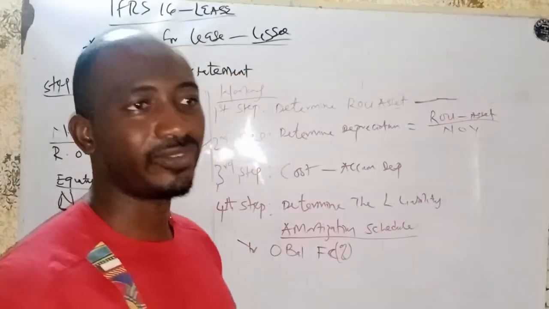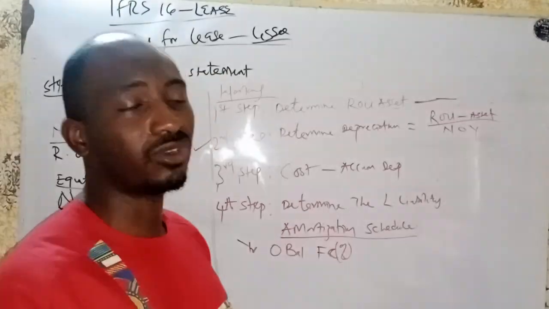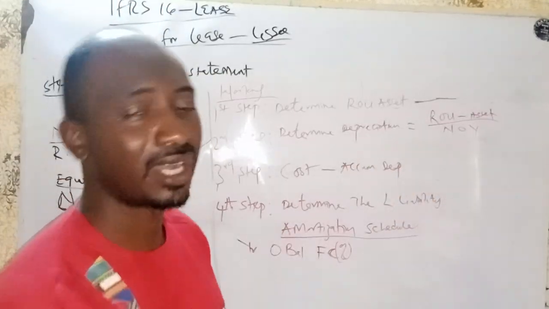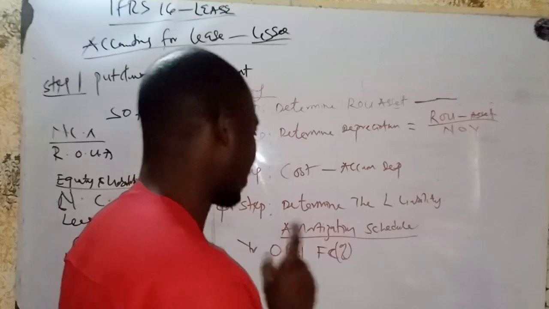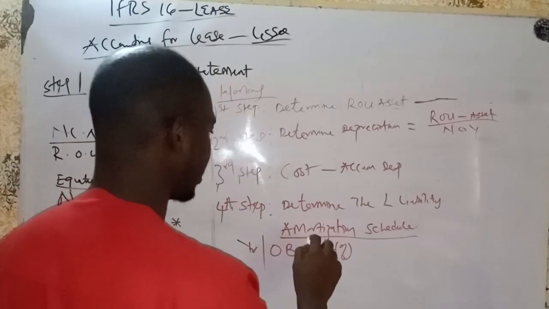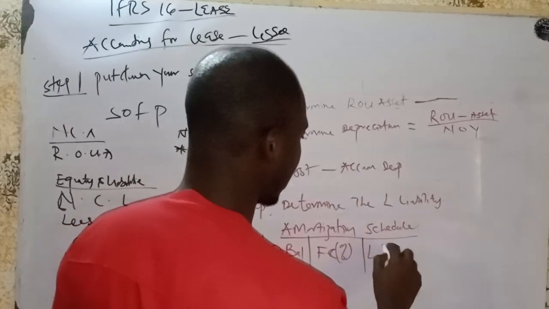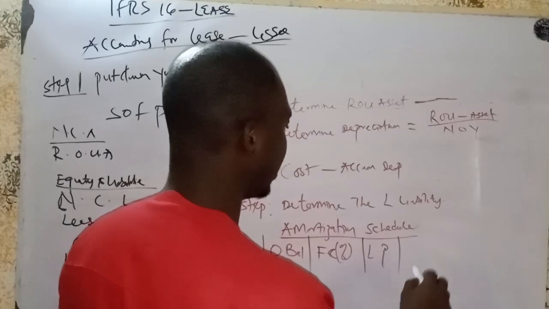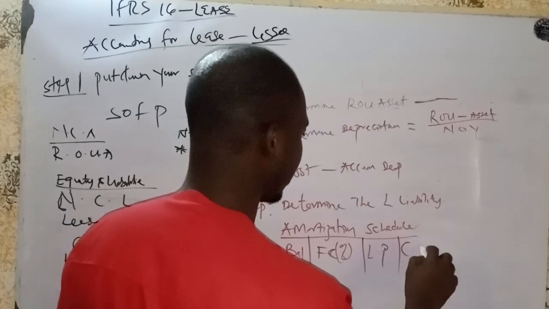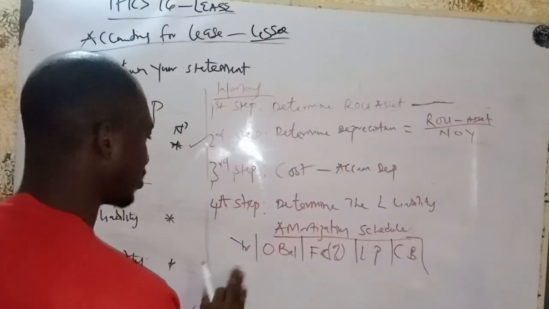And where they give you an explicit rate and say there is also an incremental borrowing rate, don't use the explicit rate, use the incremental borrowing rate. Please don't forget that. So you have opening balance, your finance cost, then the lease payment here, and then the closing balance here.